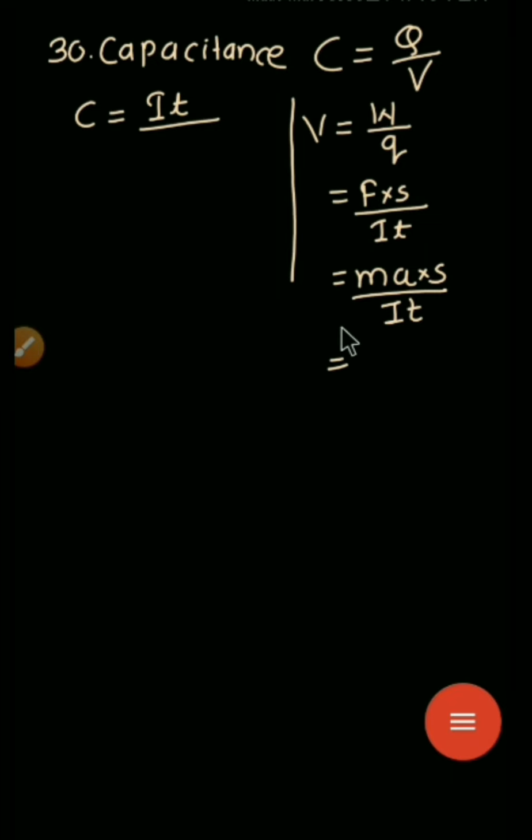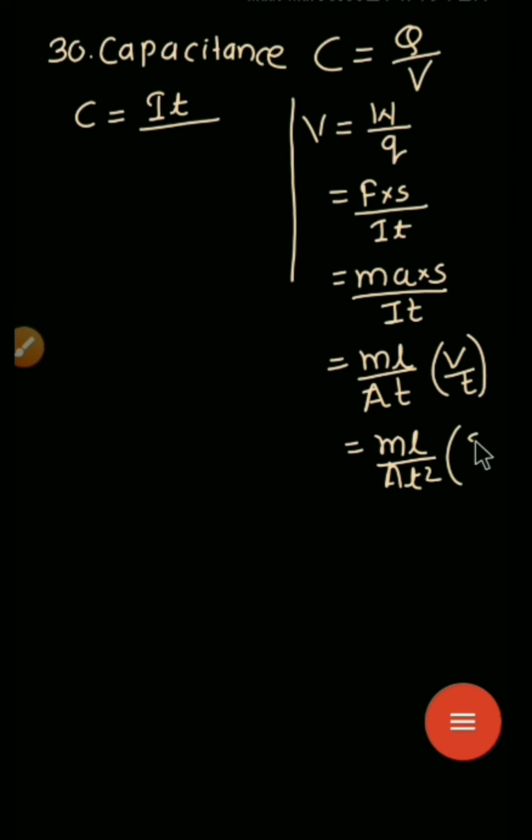Force we write as mass into acceleration into displacement S, and this is I t. Displacement we convert to L, I is the fundamental quantity A, and T is as it is. Acceleration is velocity upon time, and velocity is displacement upon time. So this is m l a t square, and solving we get m l square a t q.